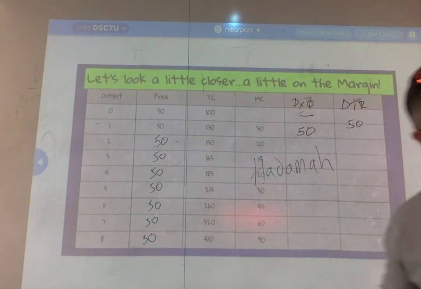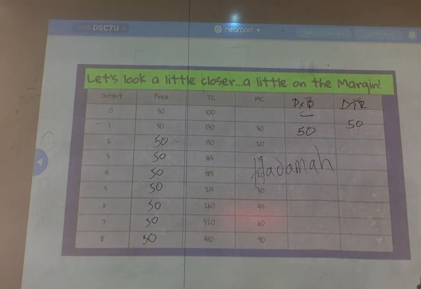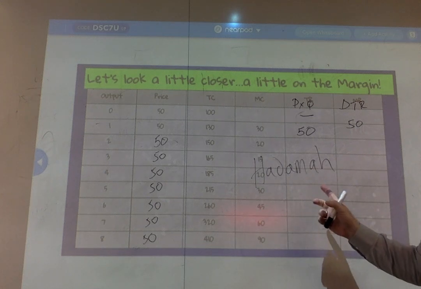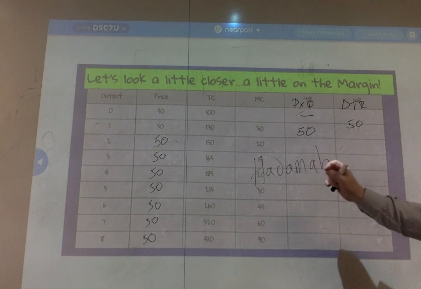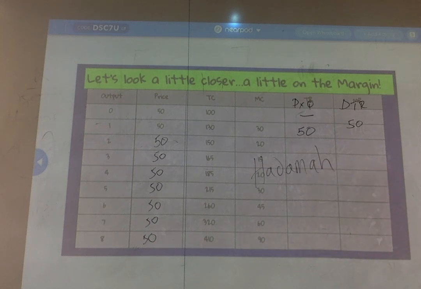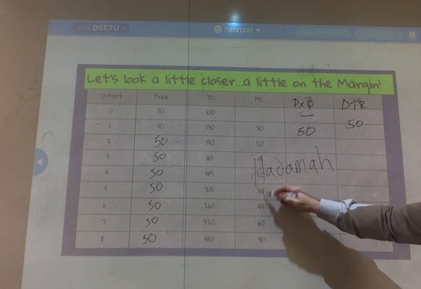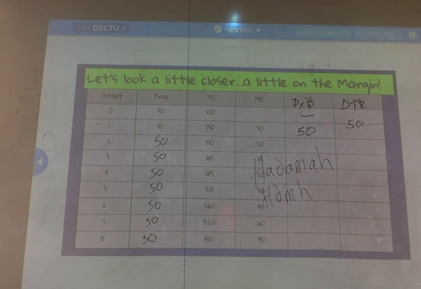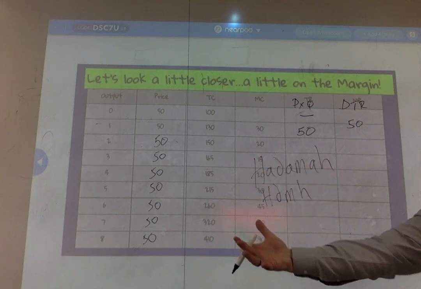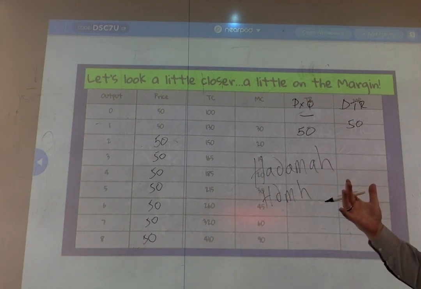Because when that was handwritten, it was handwritten with just the consonants, so just H, D, M, H. So it was up to you to put the vowel sounds in when you read it.